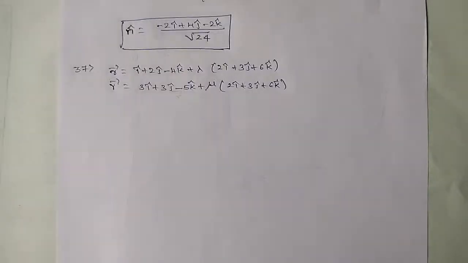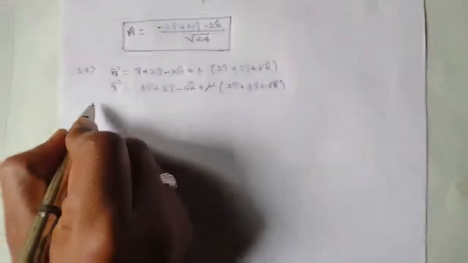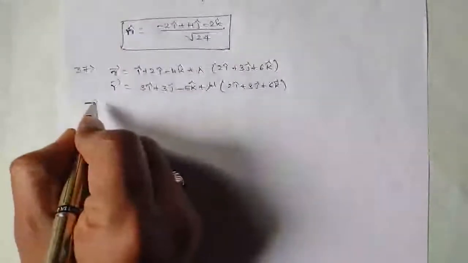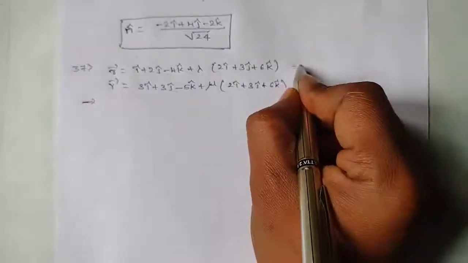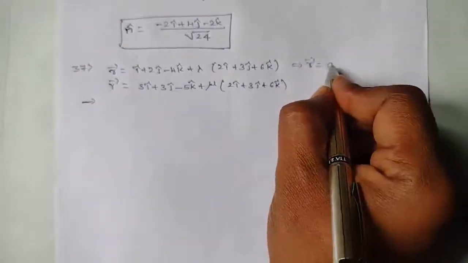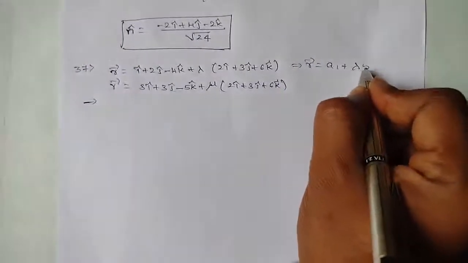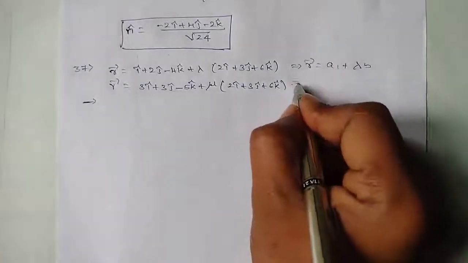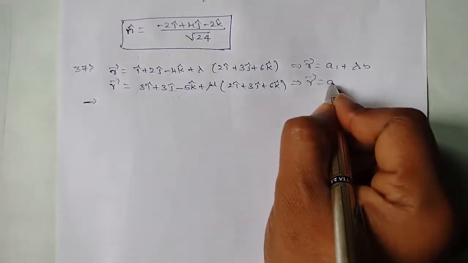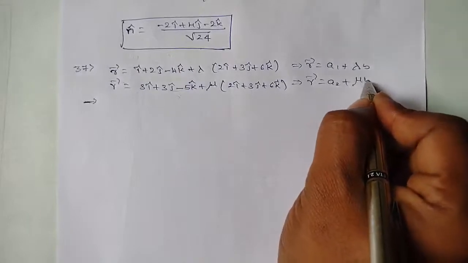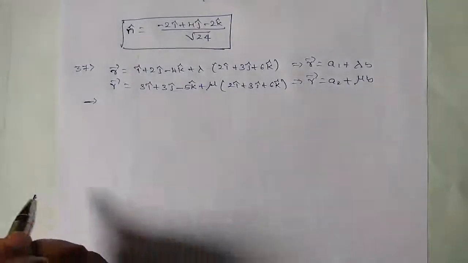These are the given two vectors, like a1 vector and a2 vector. So here we have to separate the vectors, in the form r vector equals a1 plus lambda b, and r vector equals a2 plus mu into b vector. Is it right?